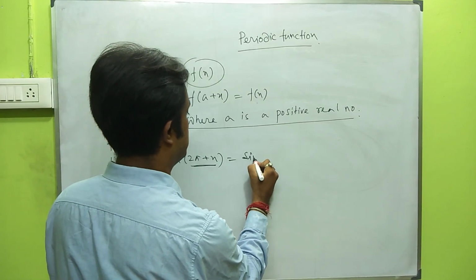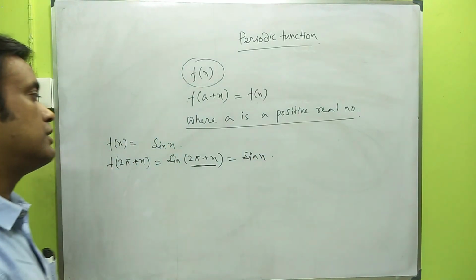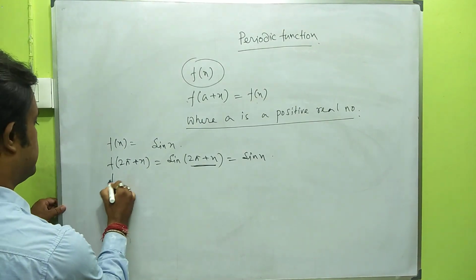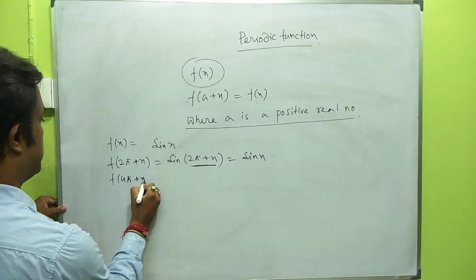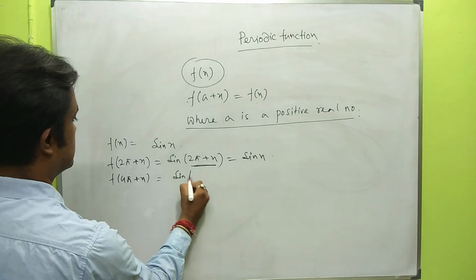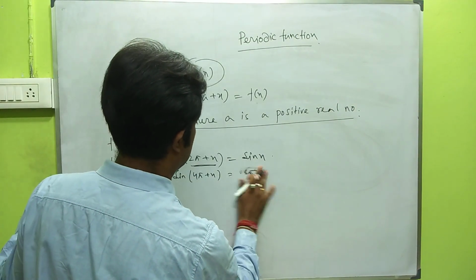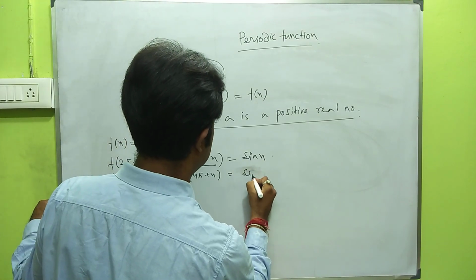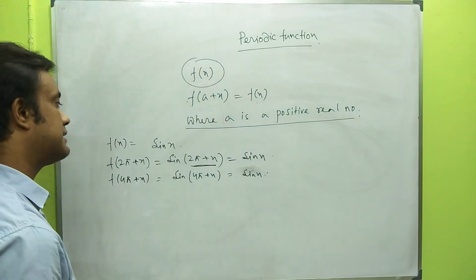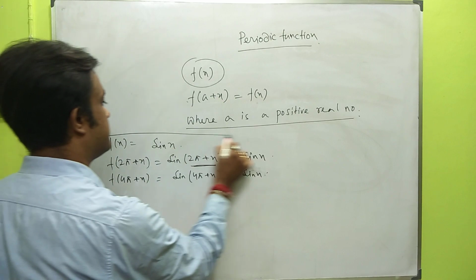So sin of 2 pi plus x will be sin x. F of 4 pi plus x, sin of 4 pi plus x is equal to sin x. So it is very clear that sin x is a periodic function.